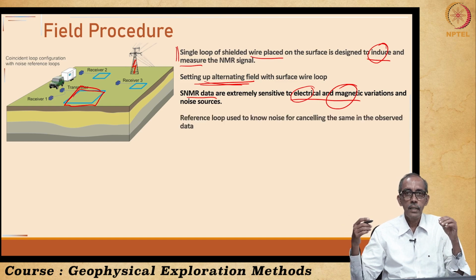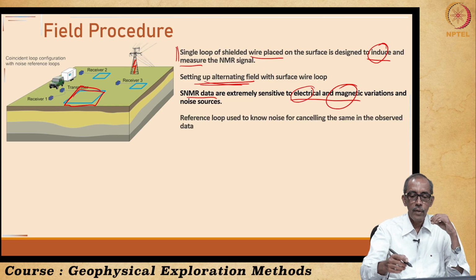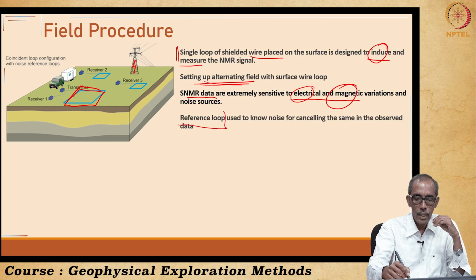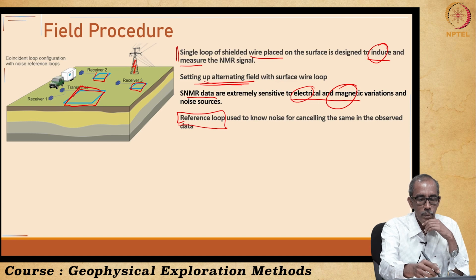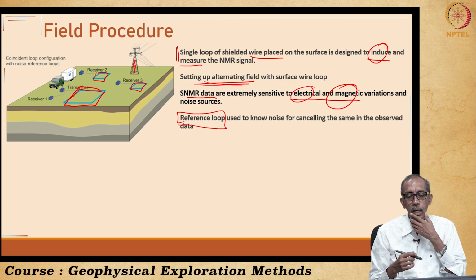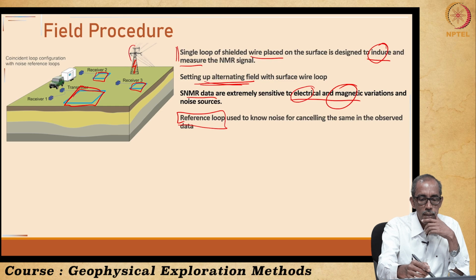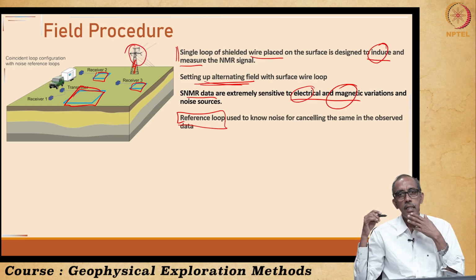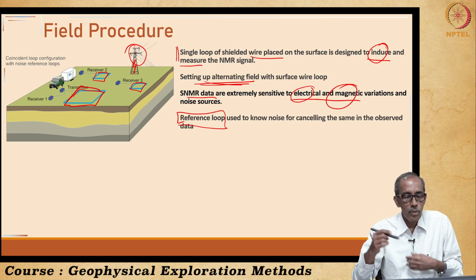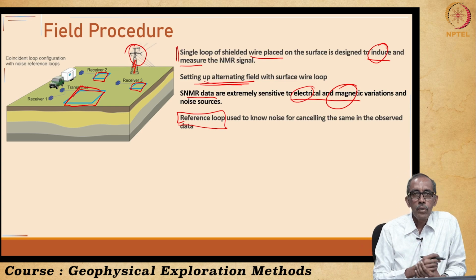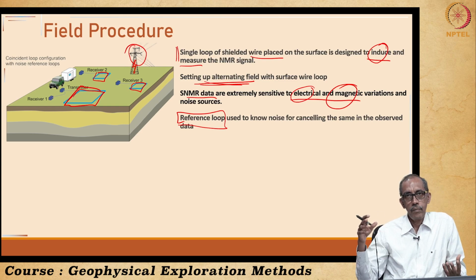In order to get rid of this noise, we also use what is known as a surface loop. We use some surface loops kept at different places to overcome the noises created by such steel towers, transmission towers. These loops are used to receive the ambient noise.